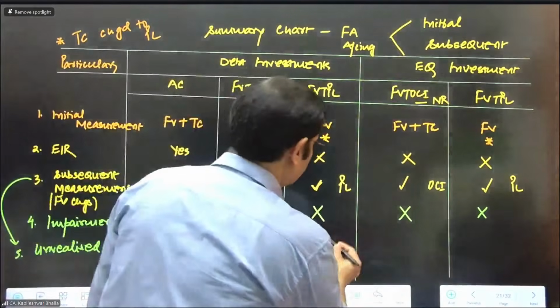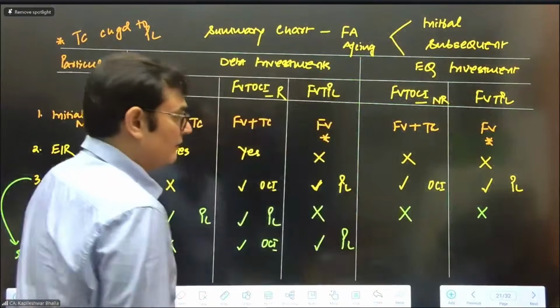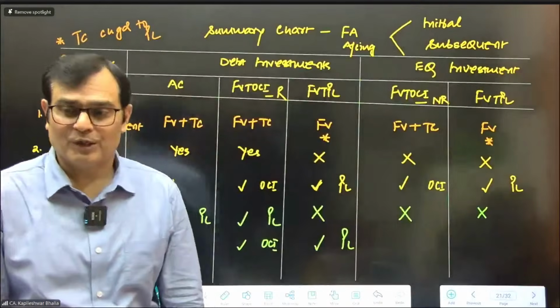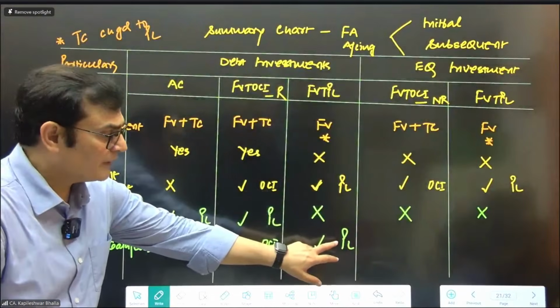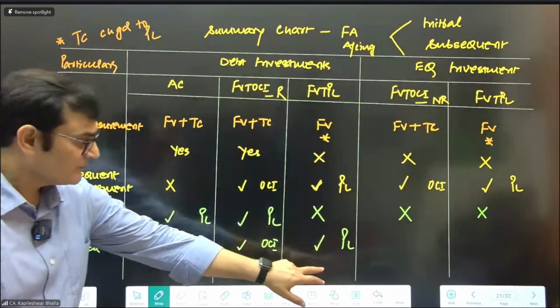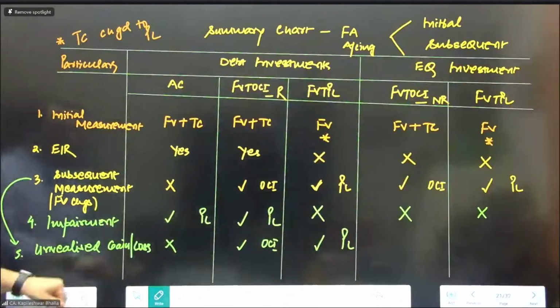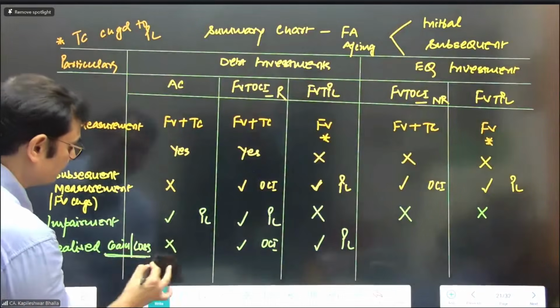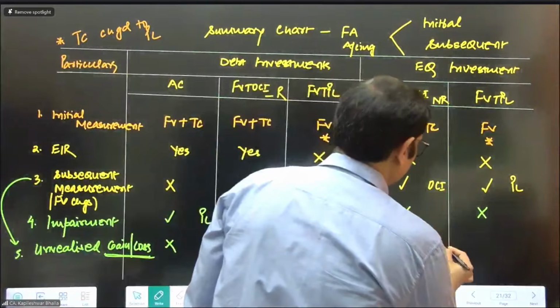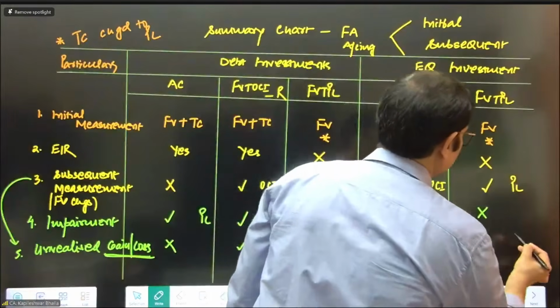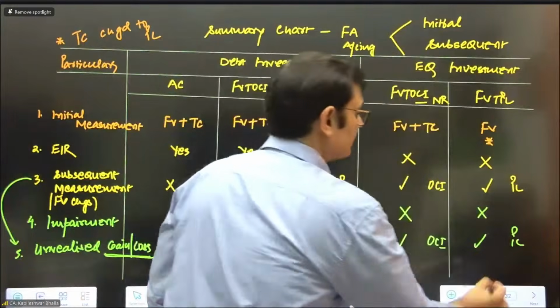FPTPL, yes, and it is taken in the P&L, whether it's a gain, whether it's a loss. The idea of putting it out here is that this is both unrealized gains and loss. Therefore, I made a clear-cut mention: in terms of OCI, yes, gain and loss in OCI; yes, gain and loss in the P&L.